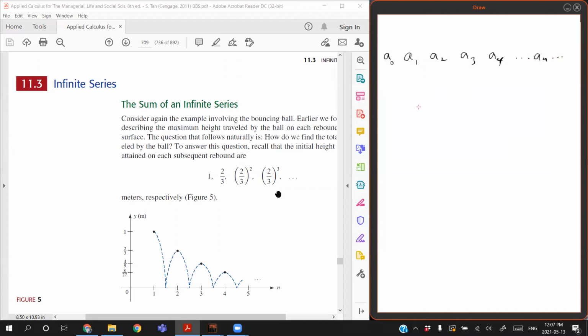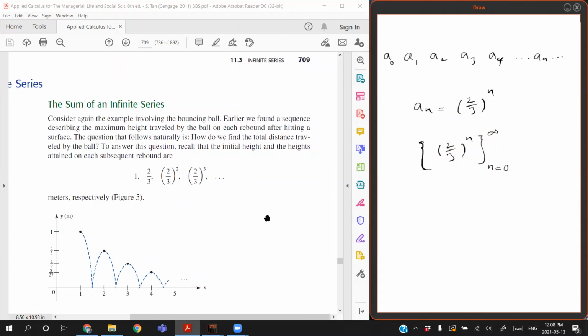For this sequence, the general term An is basically 2/3 to the power of n. And I can express this sequence like this. I put the general term 2/3 to the power of n inside curly brackets, and then I indicate where n starts. For this example, n starts at 0 and keeps on to infinity.